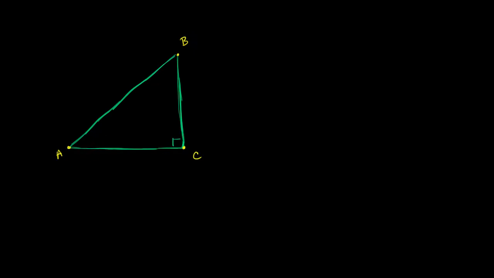So to do that, let's say this angle, we could call it angle A, is equal to theta. If its measure is theta degrees, say, what is the measure of angle B going to be? Well, the thing that will jump out at you, and we've looked at this in other problems, is that the sum of the angles of a triangle is 180 degrees, and this is a right triangle. So this right angle takes up 90 of those 180 degrees, so you have 90 degrees left.